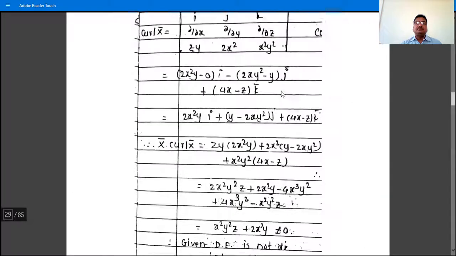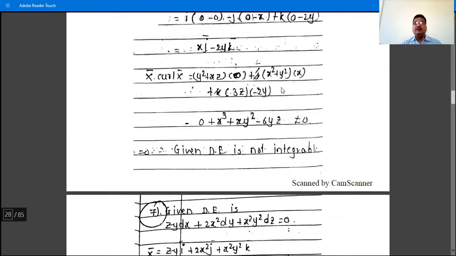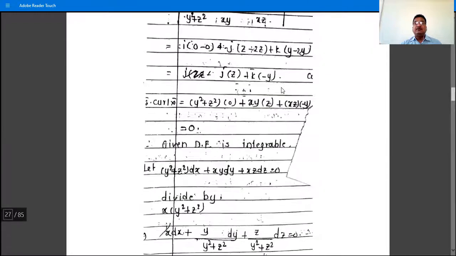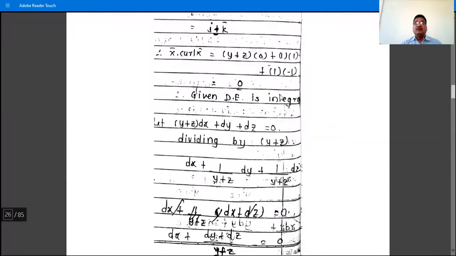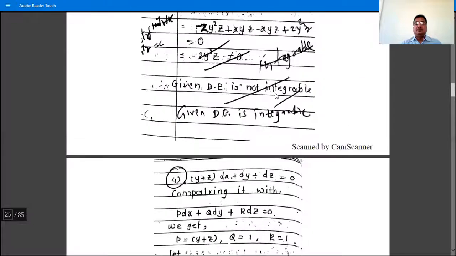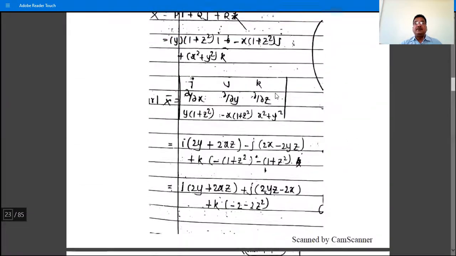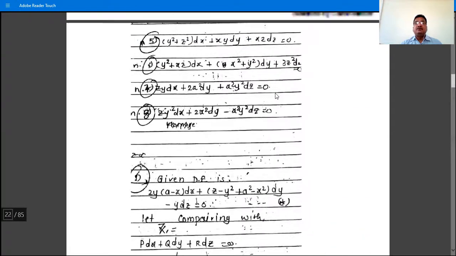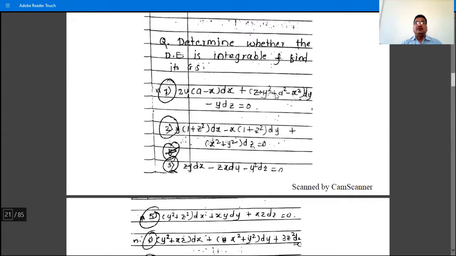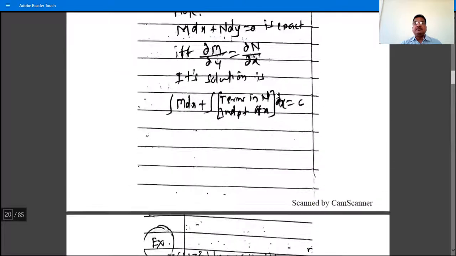See the example on one variable separable. There are four types to solve the Pfaffian differential equation.